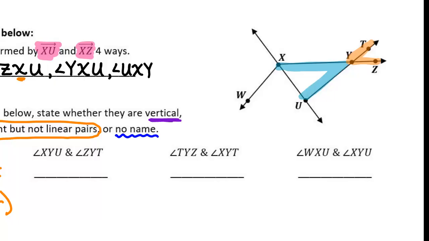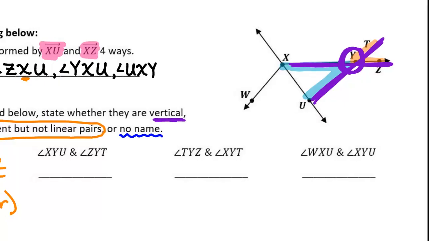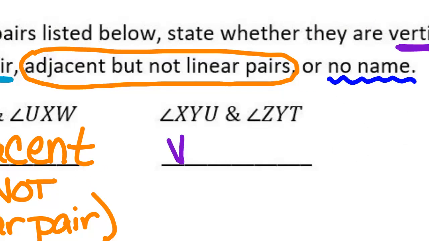Do they have anything in common? No. They only have the vertex in common. Are these two angles formed by two straight lines making an X shape? Yes, right here and right here. And they have that vertex where the X comes together in common, which means this is what type of angle pair? Vertical angles.